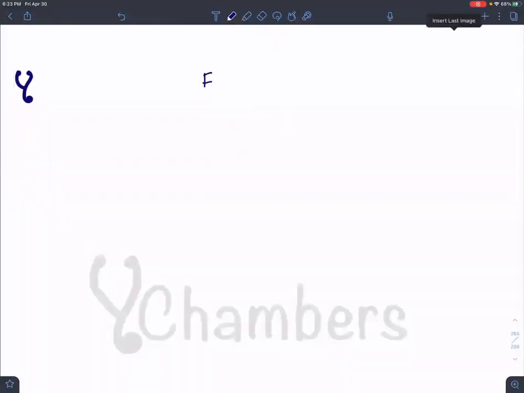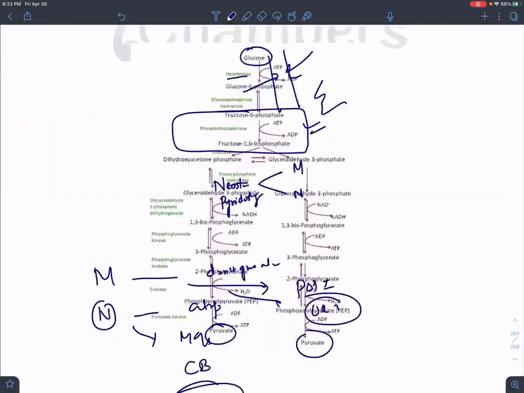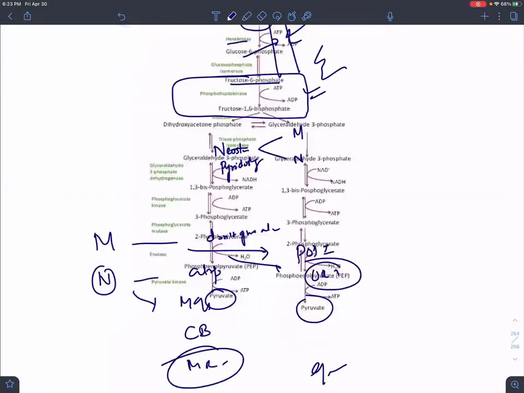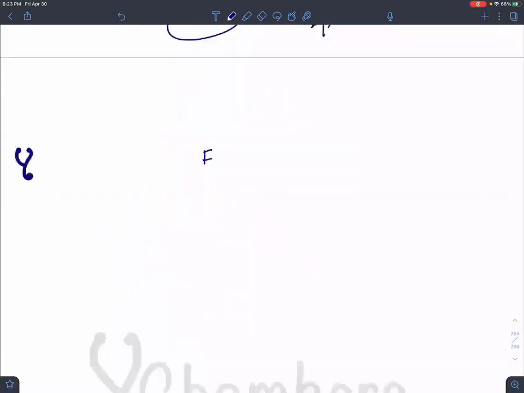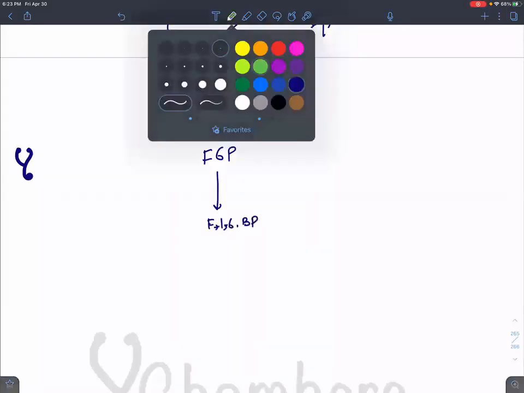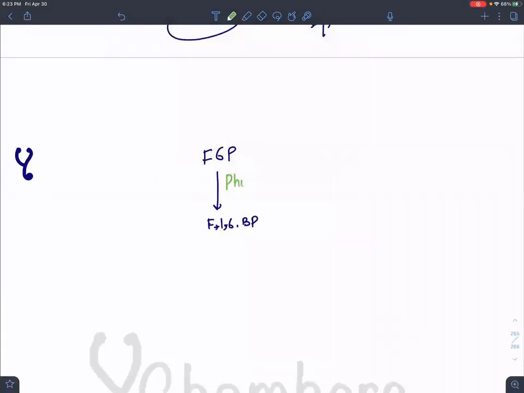Just a second guys. Okay, fructose 6-phosphate is changing to fructose 1,6-bisphosphate by the enzyme phosphofructokinase.